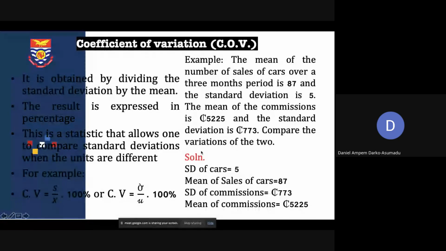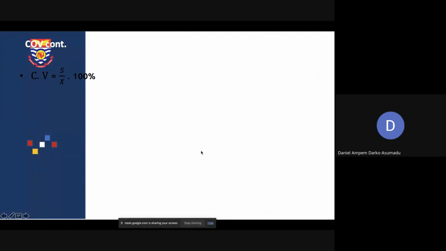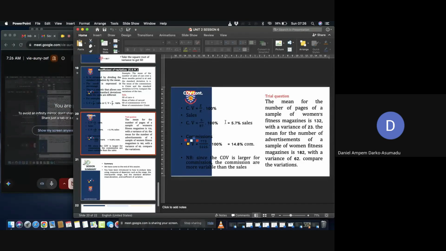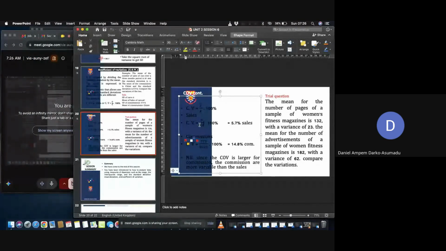How do we calculate the coefficient of variation? As the formula is saying, it is standard deviation over the mean times 100. I don't know whether you can see, because it's in blue. Let me see whether you can see it well.